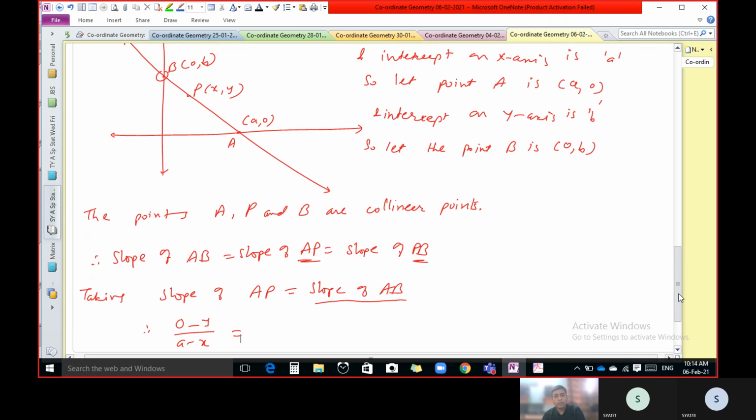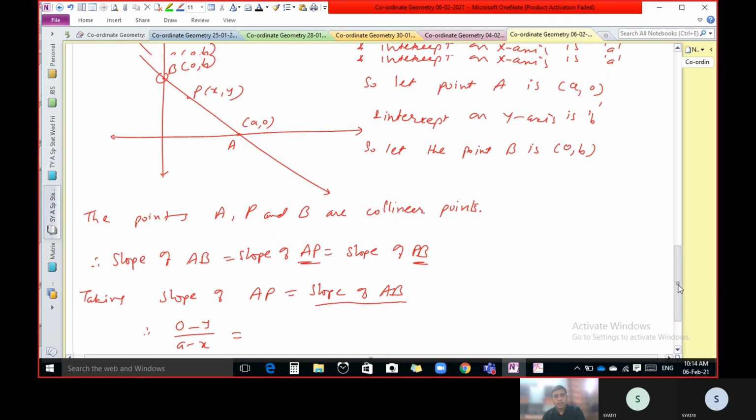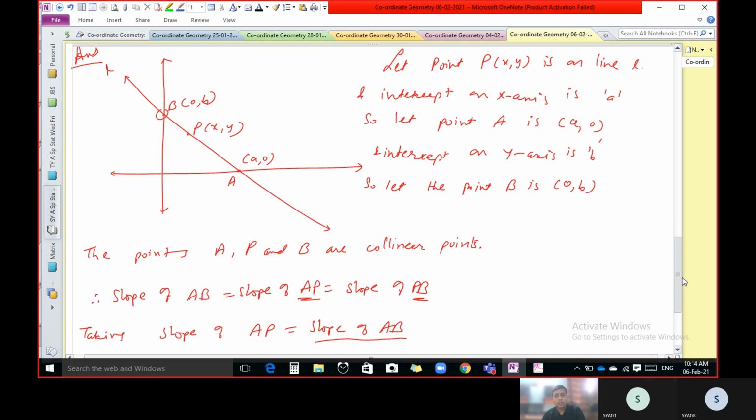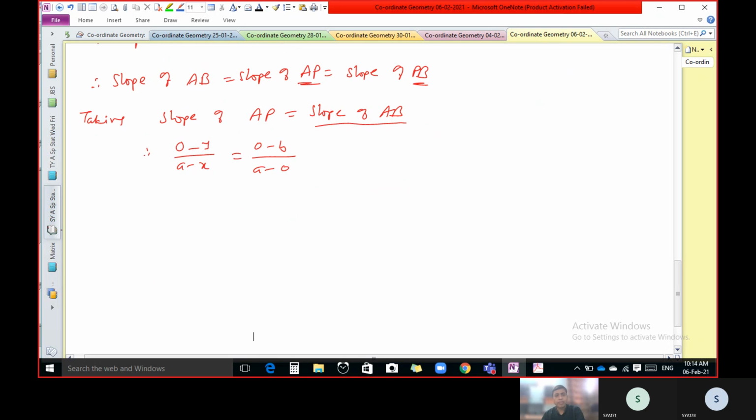Tell me slope of AB. 0 minus b upon a minus 0. So simplify. What we get? Minus y upon a minus x equal to minus b upon a.